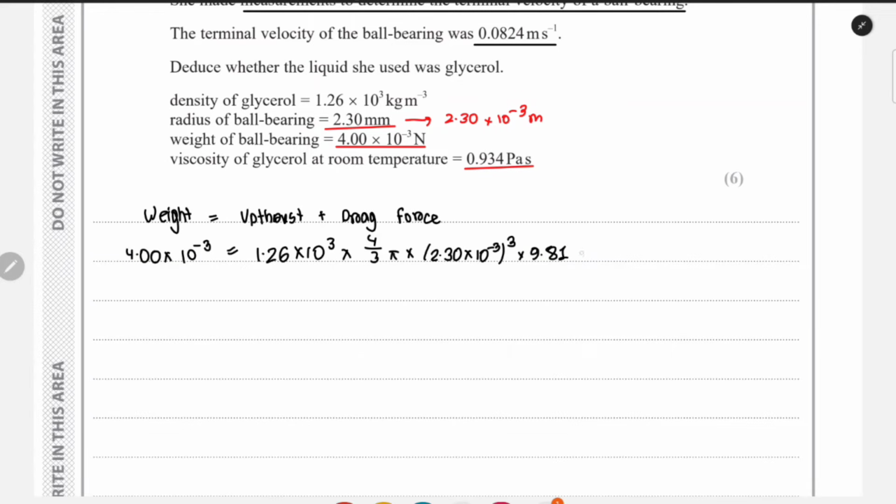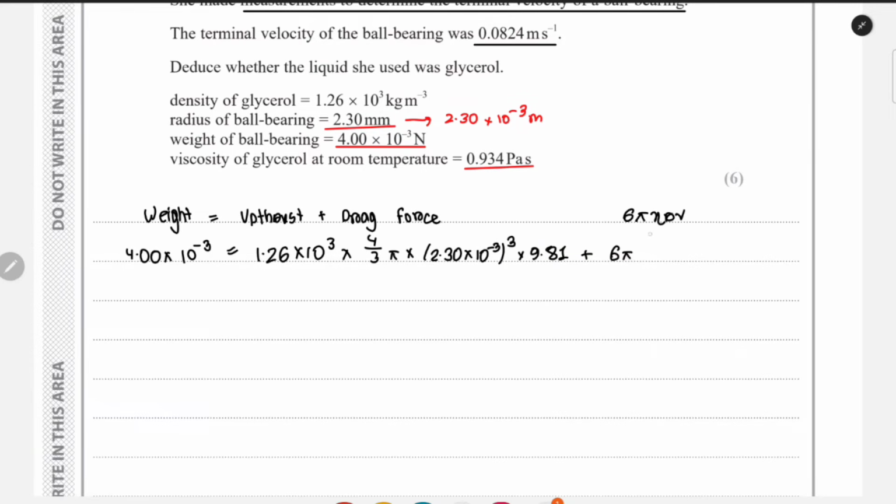So ρVg plus the drag force, which would be 6πrv, so 6π times the viscosity times the radius times the terminal velocity. I'll take the terminal velocity as the variable here.